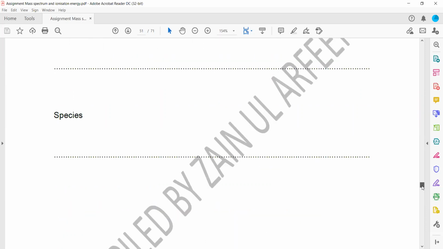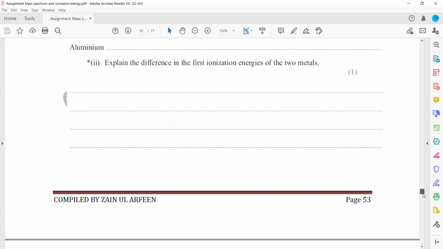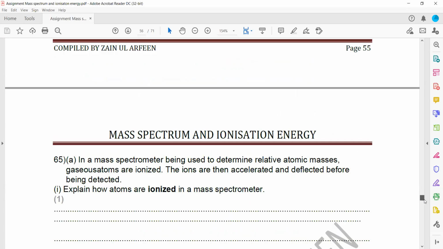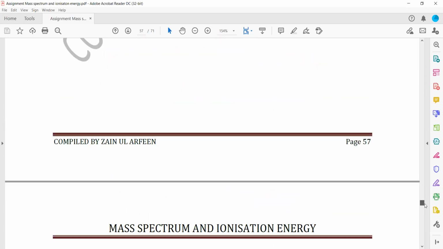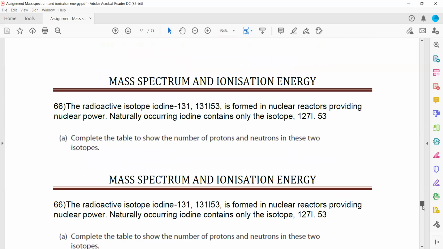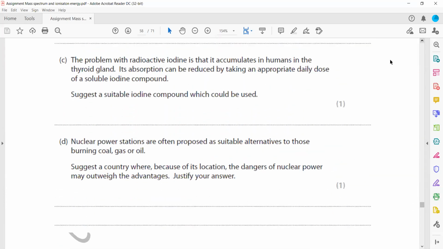Then we have 66, part C. The problem with radioactive iodine is that it accumulates in humans in the thyroid gland.